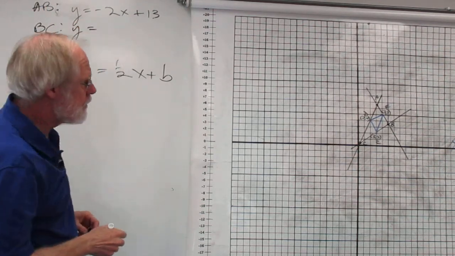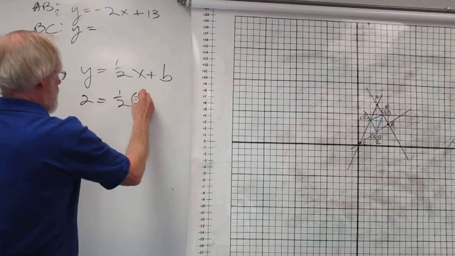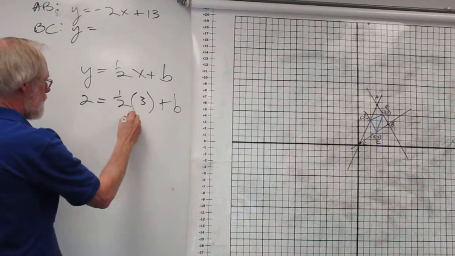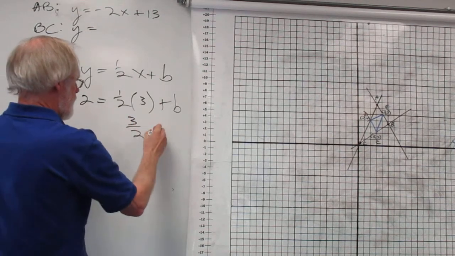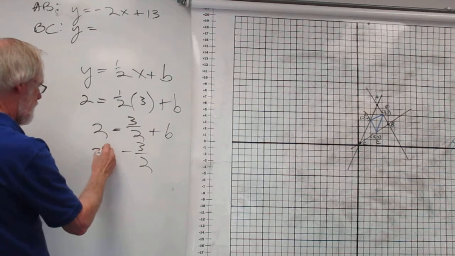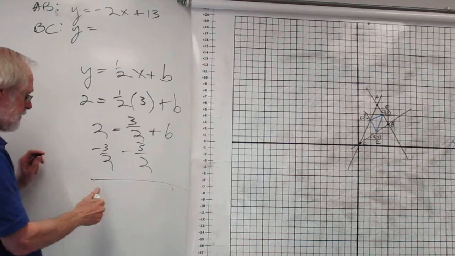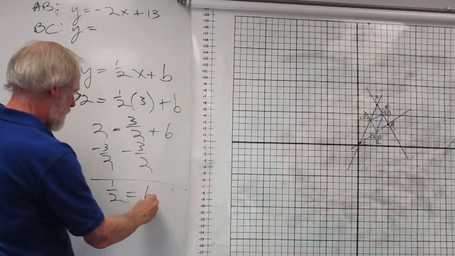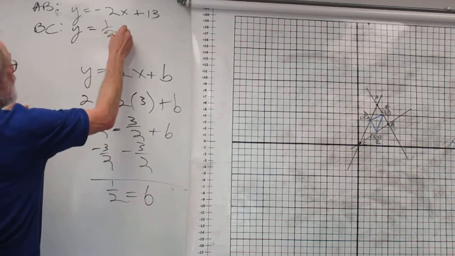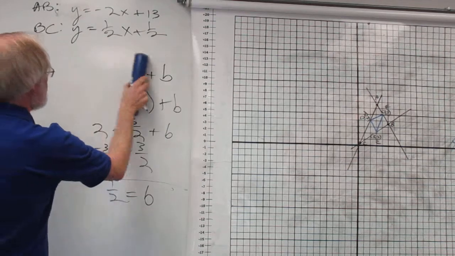All right, so 2 equals 1/2 times 3 plus b. This is 3/2 plus b equals 2. I subtract 3/2, and 4/2, which is 2, minus 3/2 is 1/2. So b is 1/2, so I have y equals 1/2 x plus 1/2. All right, there's the second one.